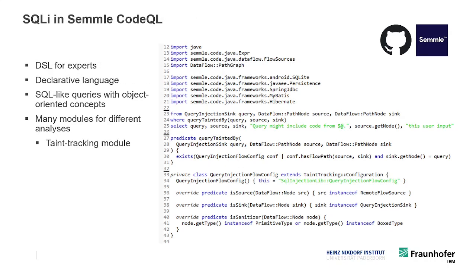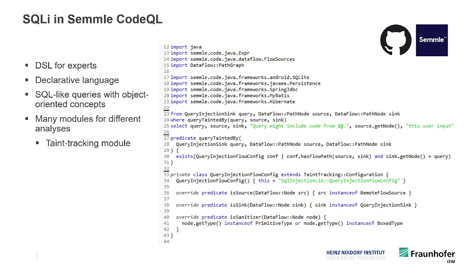The first DSL is the one from Semmle, and it's called CodeQL. Semmle was bought recently by GitHub, and if you're using GitHub, your code has very likely been analyzed by this engine.